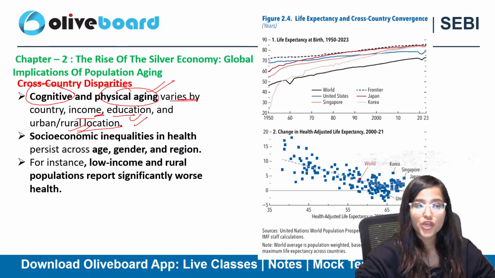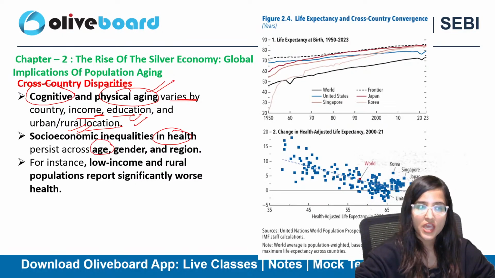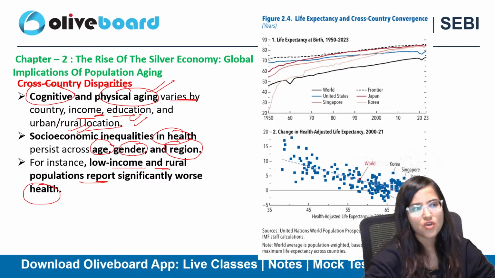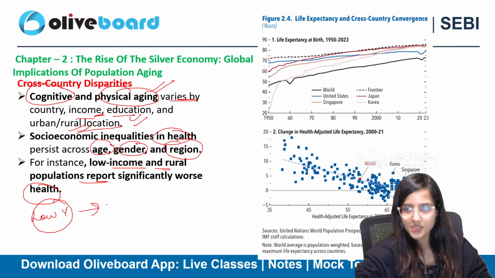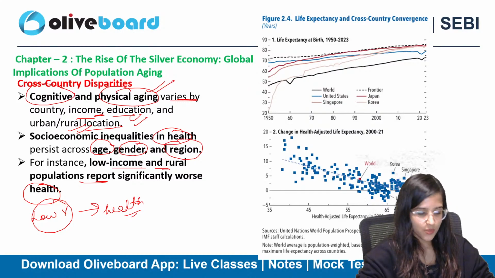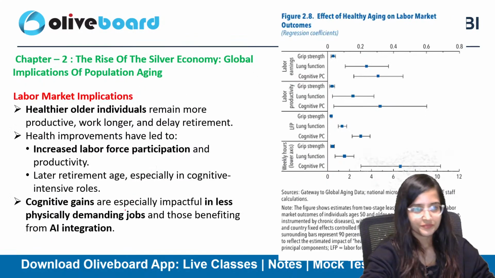Socioeconomic inequalities in health also persist across age, gender and region. So for example, low income and rural populations have worse health. This is obvious. So if you are a low income country or a low income person, then your health is going to be poor as compared to someone who has a higher income. Yes, Madhu, exactly, very good.